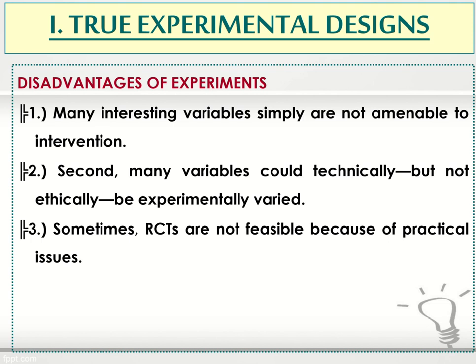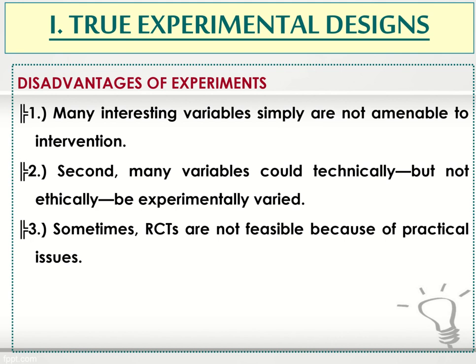For example, infants could not be randomly assigned to having cystic fibrosis to see if this disease causes poor psychosocial adjustment. Second disadvantage natin, many variables could technically but not ethically be experimentally varied.